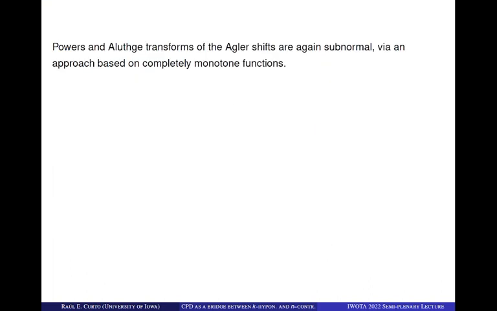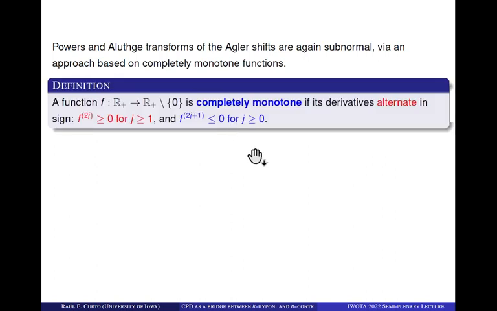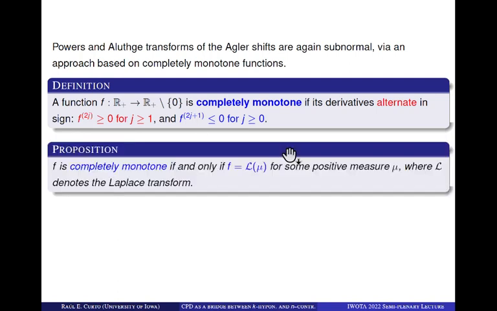Okay. So powers and Aluthge transforms of the Agler shifts are again subnormal via an approach based on completely monotone functions. A completely monotone function is one where its derivatives alternate in sign. So the even derivatives are non-negative, the odd derivatives are non-positive. f is completely monotone if and only if f is the Laplace transform of some positive measure.